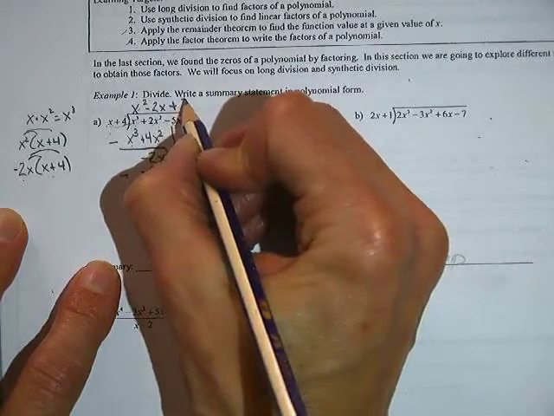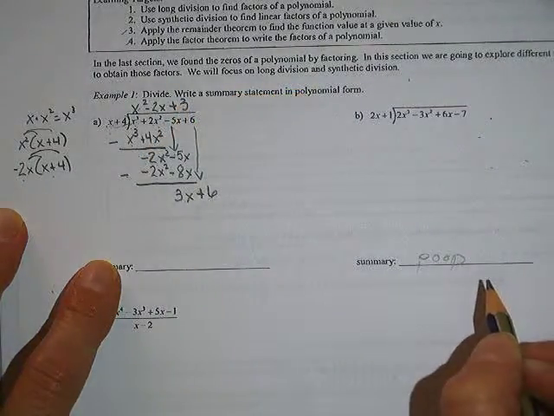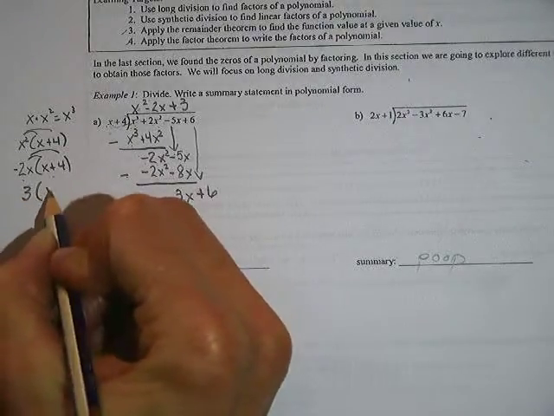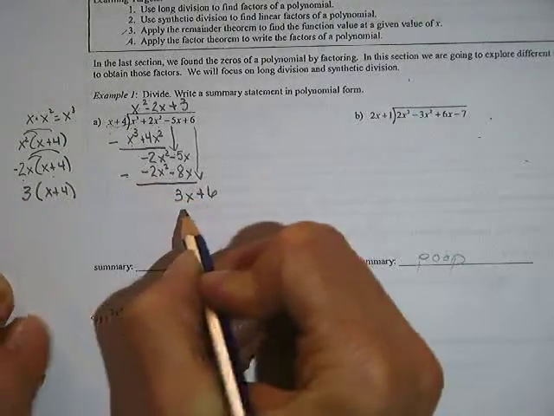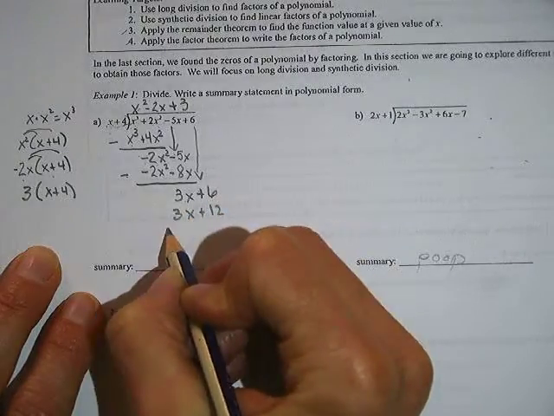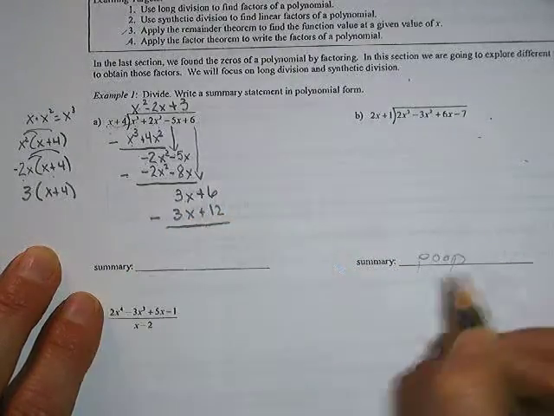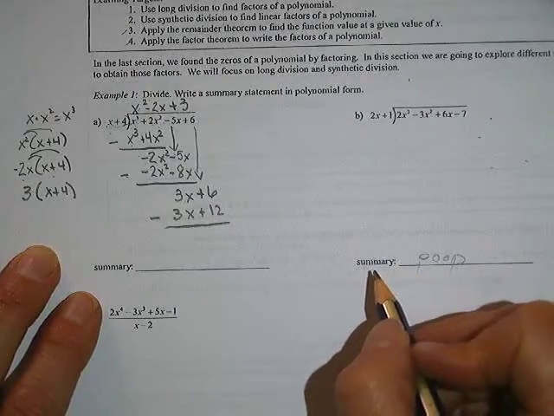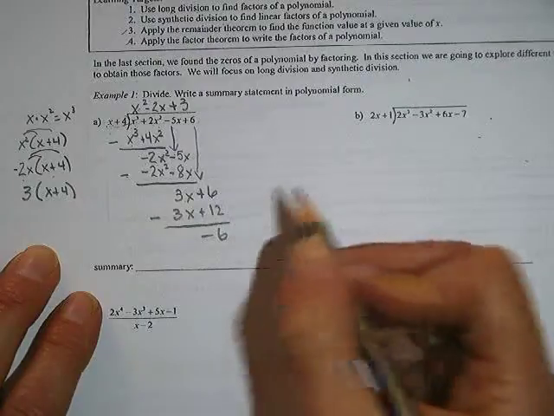Or what do you need to multiply it by? You need to just multiply it by 3, so it's plus 3. Now, again, you have to multiply 3 times x plus 4, and I end up with 3x plus 12. Subtract. What do you get?